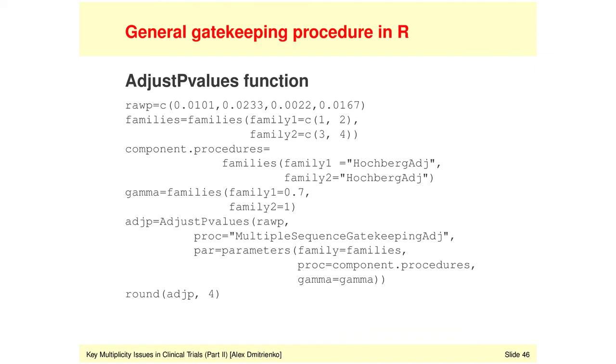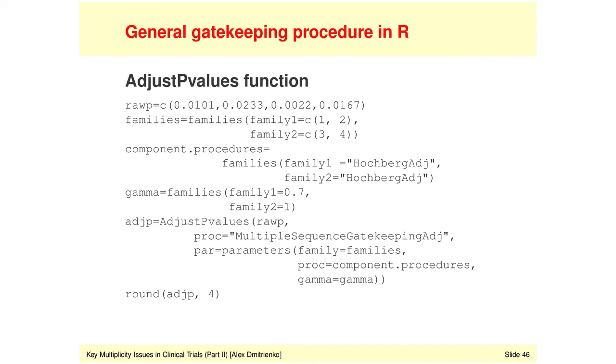We can see here that the first family is defined as the set of hypotheses with the indices 1 and 2, so that would be H1 and H2, and the second family contains the other 2 hypotheses that are H3 and H4.